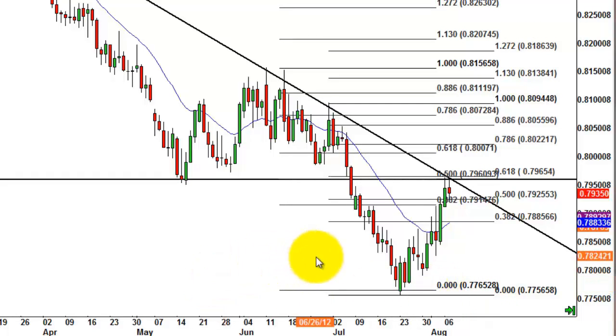And this is what amounts to a Fibonacci cluster. From this swing high to this swing low, price action has intersected with the 0.618, and from this swing high to the most recent swing low, price action has intersected with the 50% Fibonacci retracement level. So we've got an overlap here, a Fibonacci cluster.